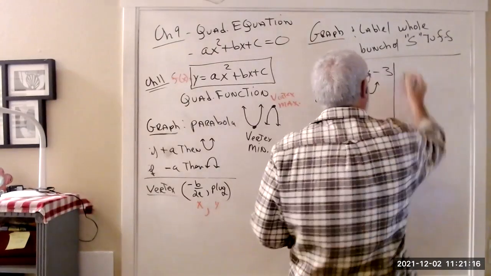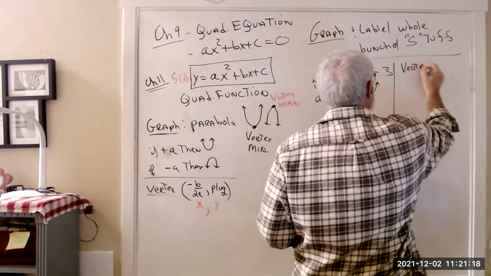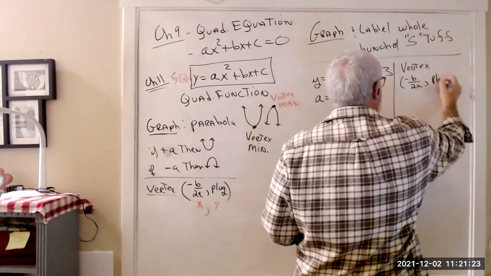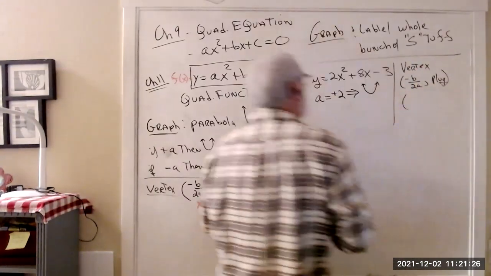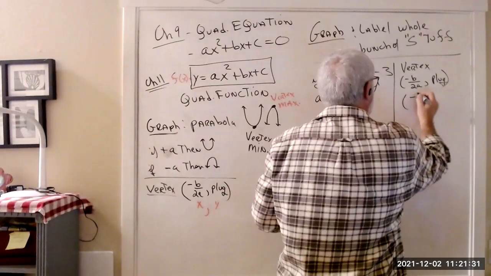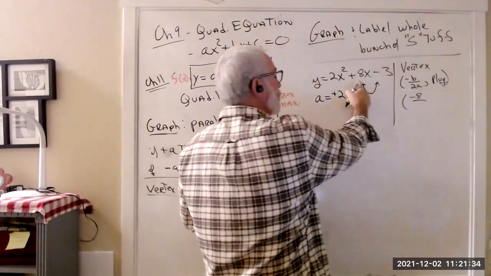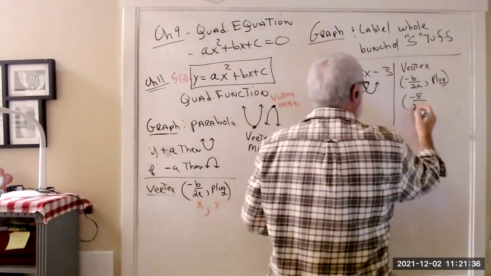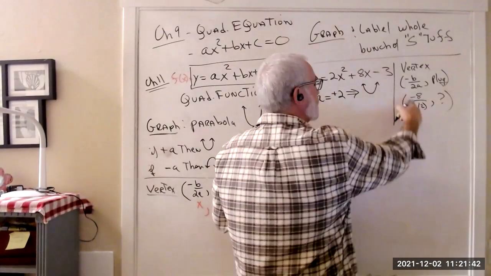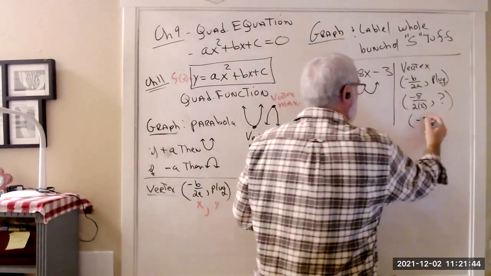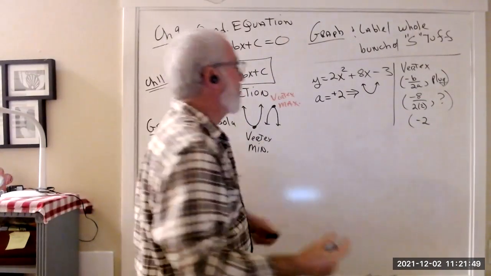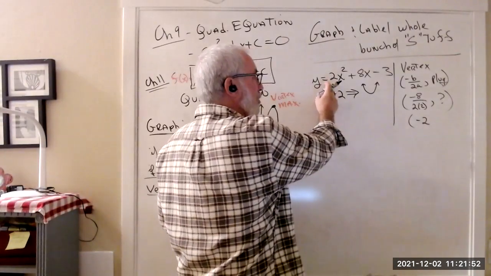My vertex is found by using negative B over 2A, comma, plug. So I use negative B. In this case, it's going to be negative 8, negative B over 2 times 2, comma, question mark. So that's negative 8 over 4, that's negative 2. Now, negative 2 what? Plug it in here.